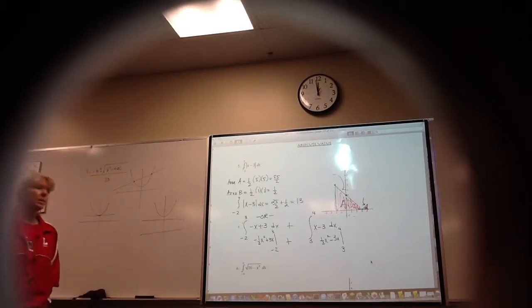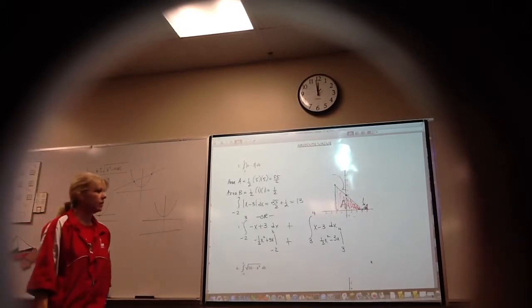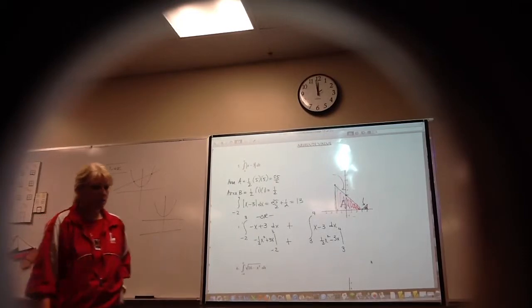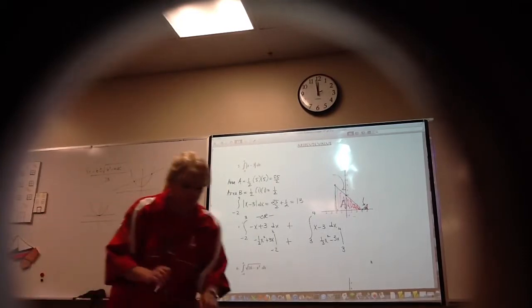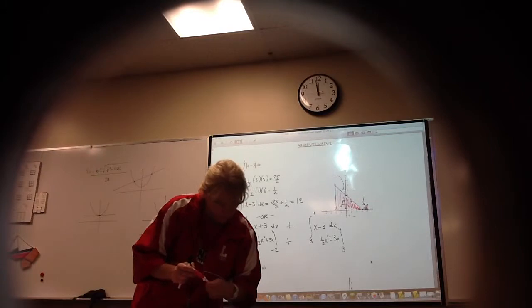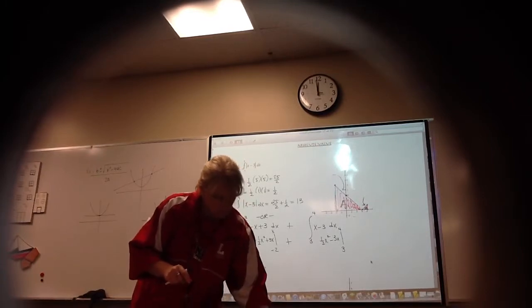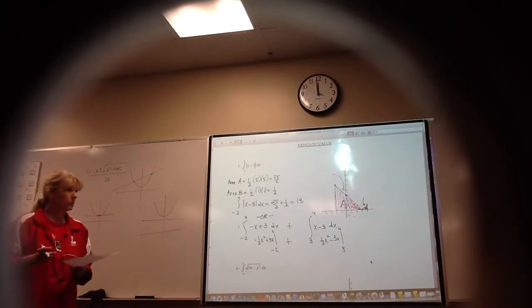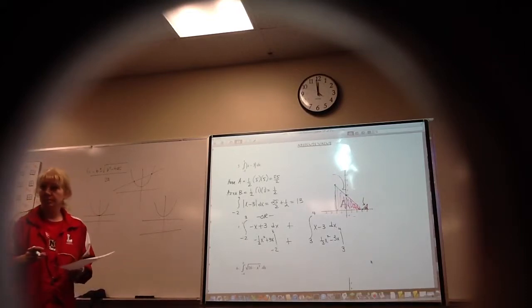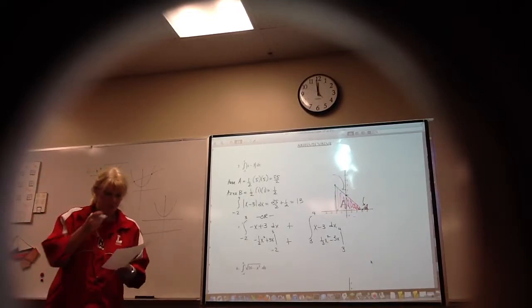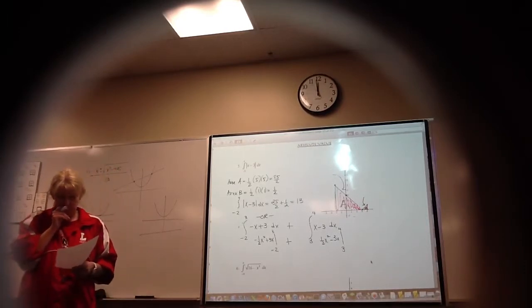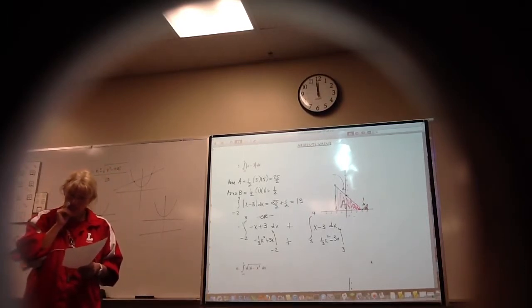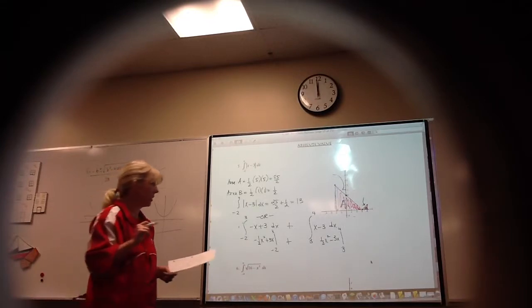Pop in the upper limit and then subtract the result of the lower limit. Should still get 13 as an answer.